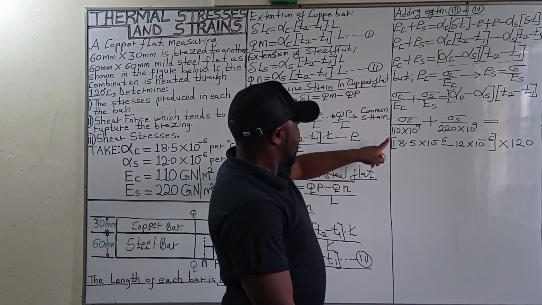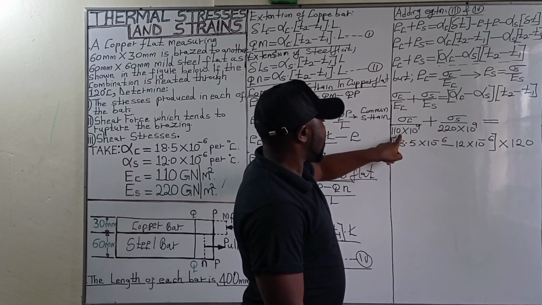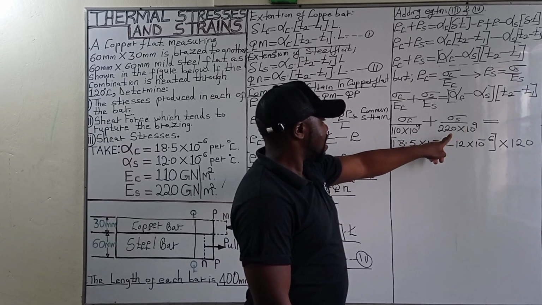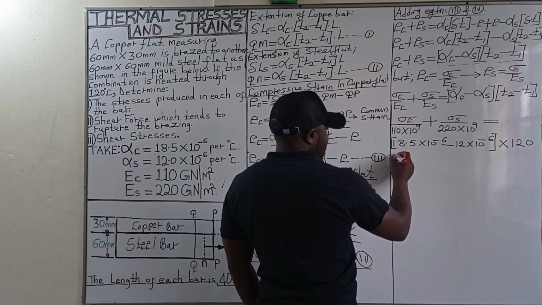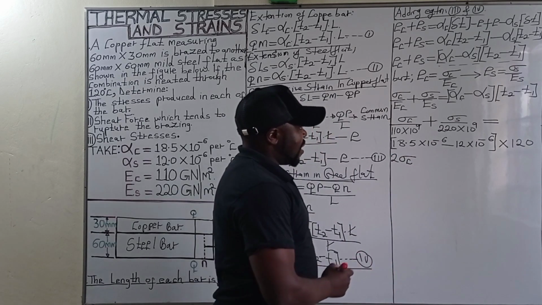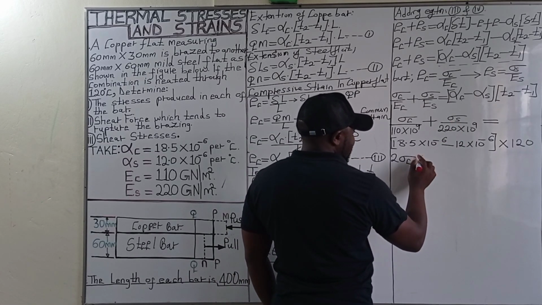120. When we add these two, the LCM of 110 and 220 is 220. Therefore, you are going to have 220 divided by 110, that is 2. This is going to give us 2 times the stress in copper plus 220 divided by 220, that is 1.